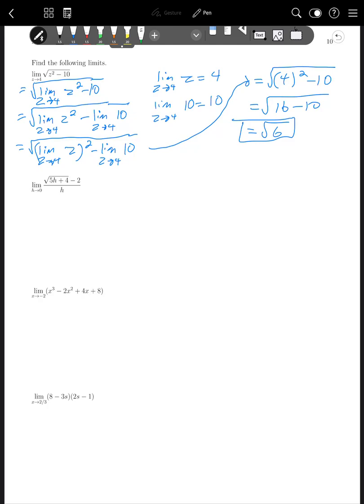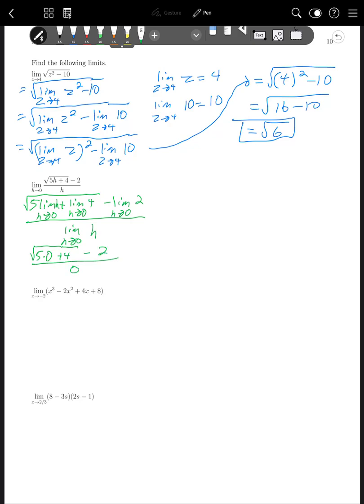This would be the square root of 5 times the limit as h approaches 0 of h, plus the limit as h approaches 0 of 4, minus the limit as h approaches 0 of 2 over the limit as h approaches 0 of h. Now we can substitute in, and this is the square root of 5 times 0 plus 4 minus 2 over 0. And that's where the problem comes in.